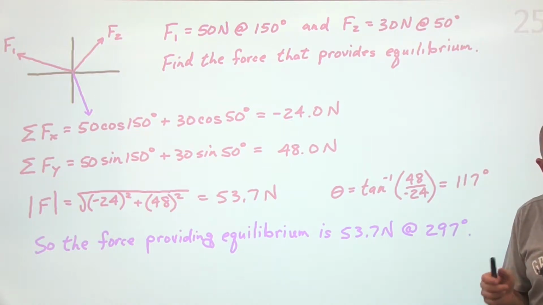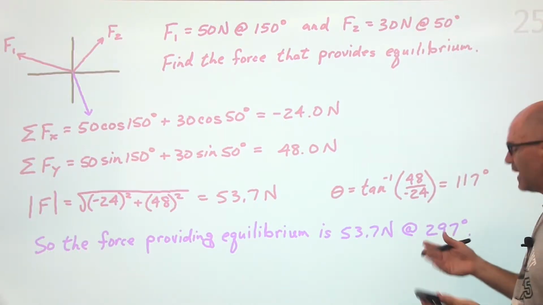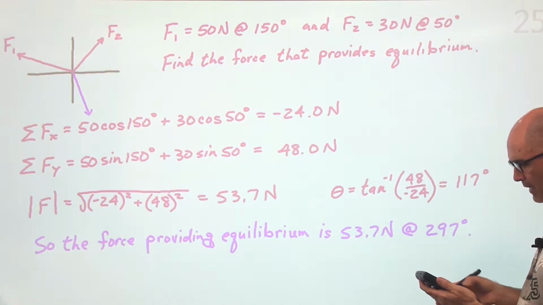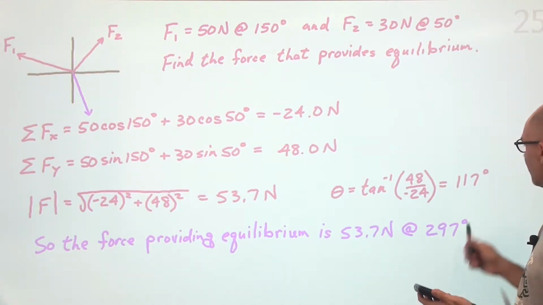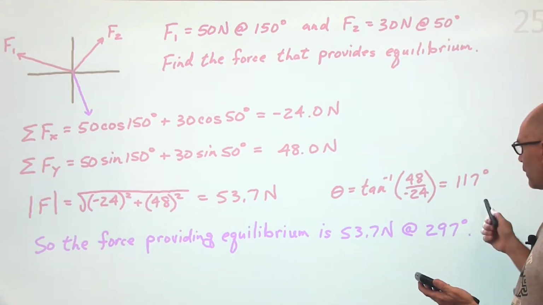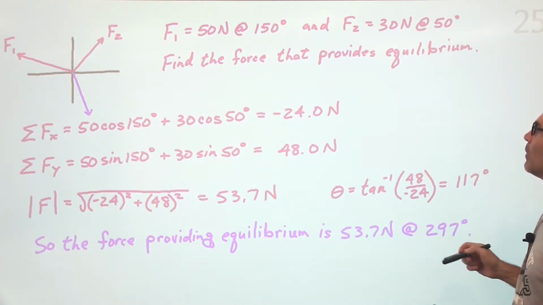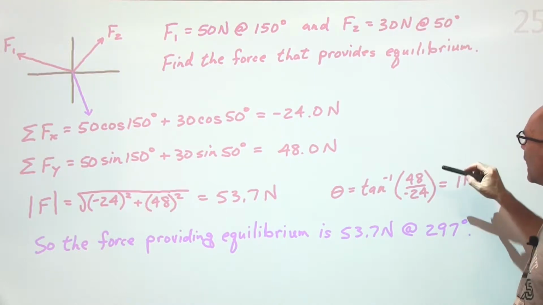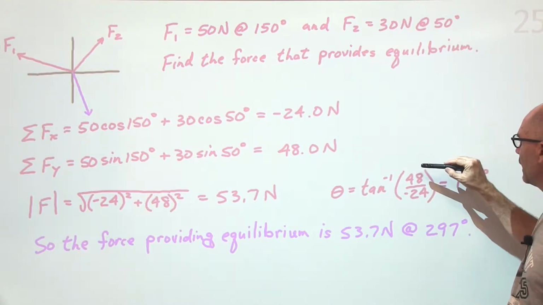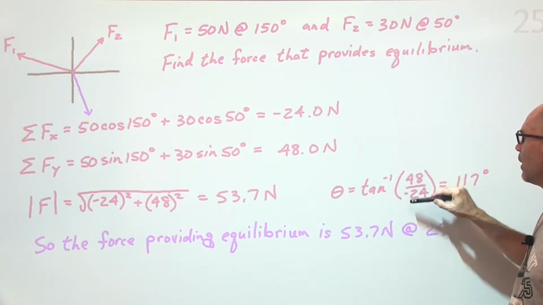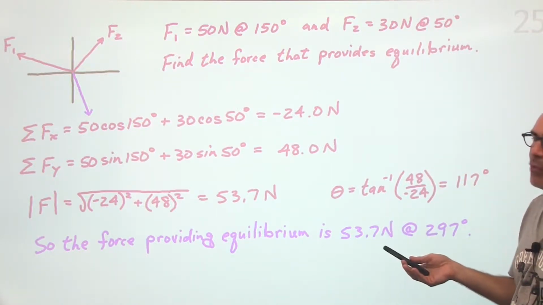Now, notice when you go to your calculator and you go, well, 48 over negative 24 is negative 2. So you go 2, change signs, inverse tangent, you get negative 63.43 degrees. So negative 63 degrees. Well, the problem is your calculator doesn't know the difference between a positive divided by a negative or a negative divided by a positive. It looks at them the same way.